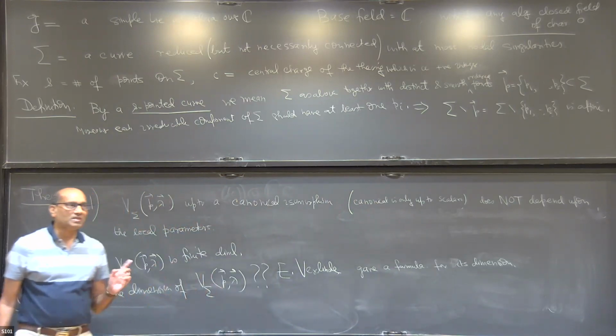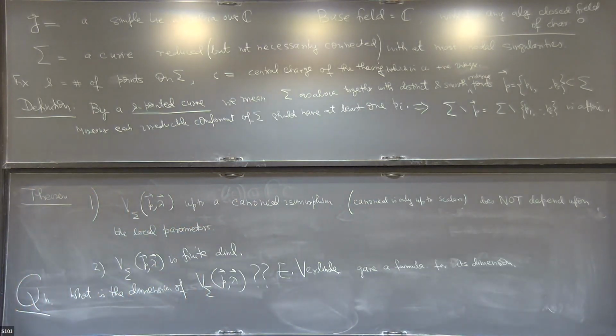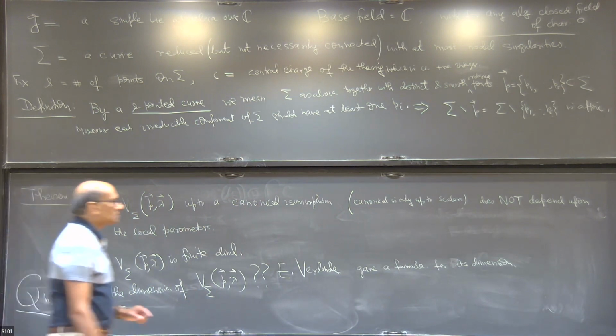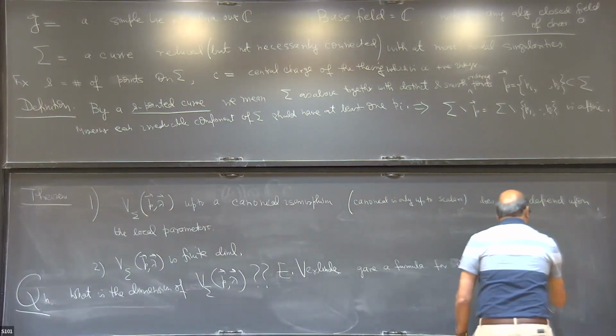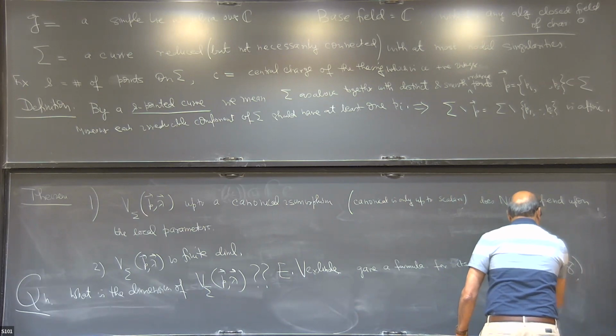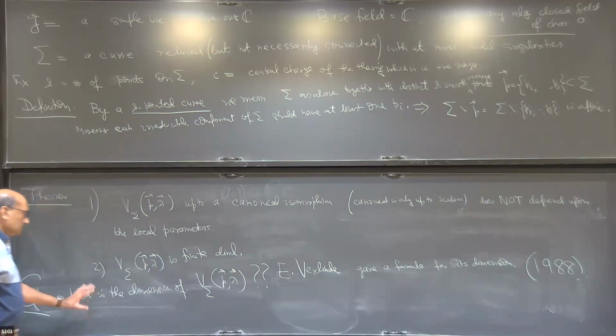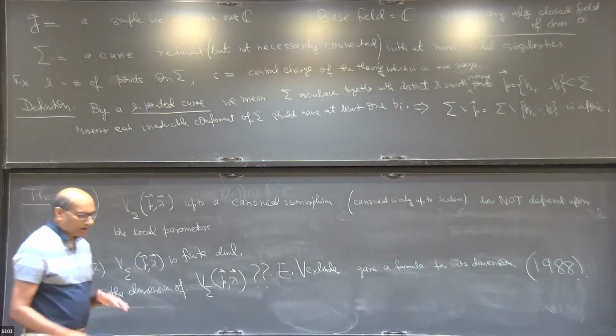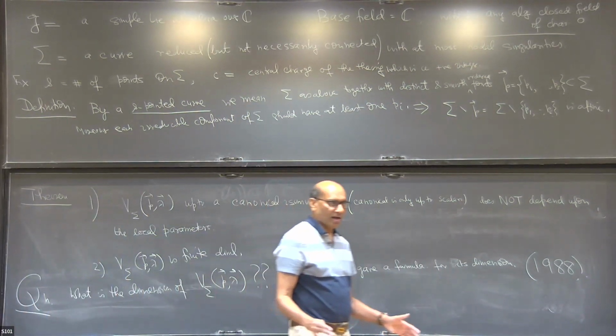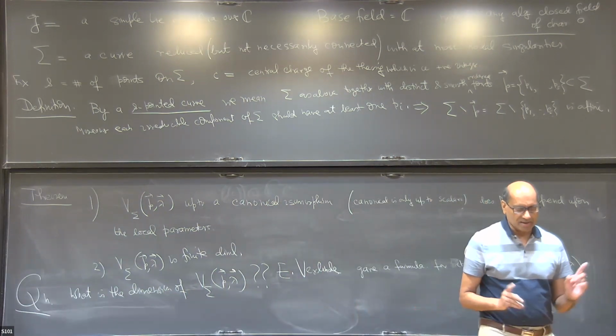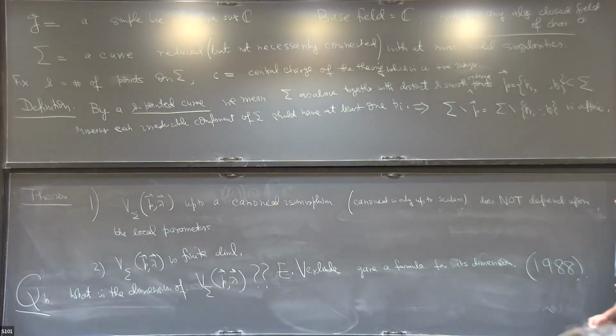In fact, he gave this formula while he was visiting this institute, 1988. This formula is like the Weyl character formula or Weyl dimension formula. Actually, it's more like the Weyl character formula. But I will not write it down right now. Now let's look at the various pieces which go into its proof. That's what I want to do.